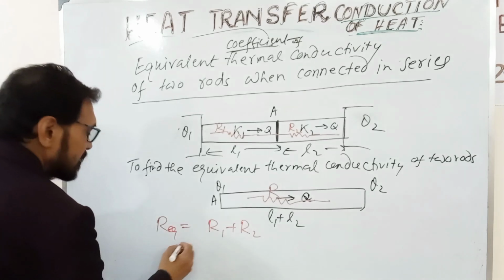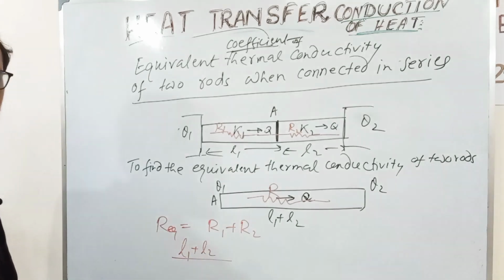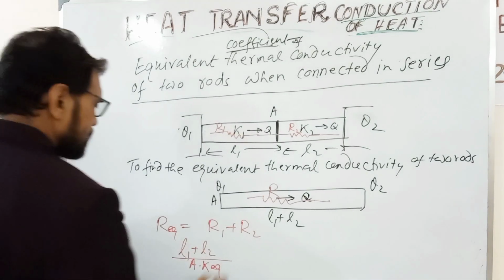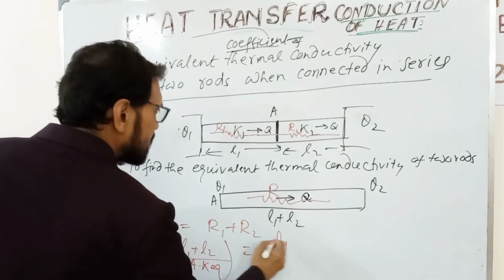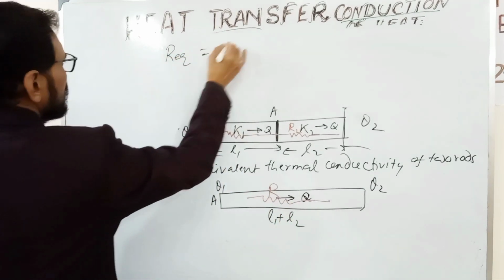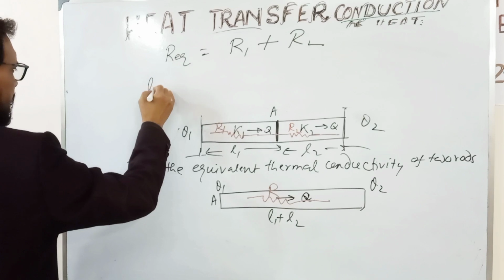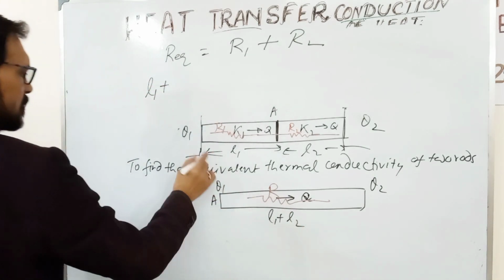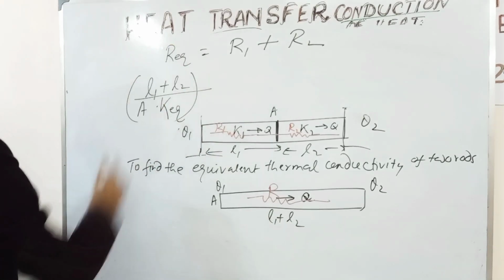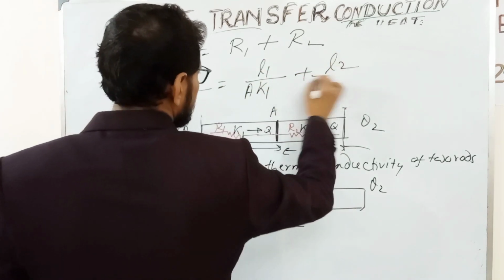Now what is R equivalent? R equivalent equals L by AK, that is, L1 plus L2 by A into K equivalent. And R1 equals L1 by AK1, R2 equals L2 by AK2.